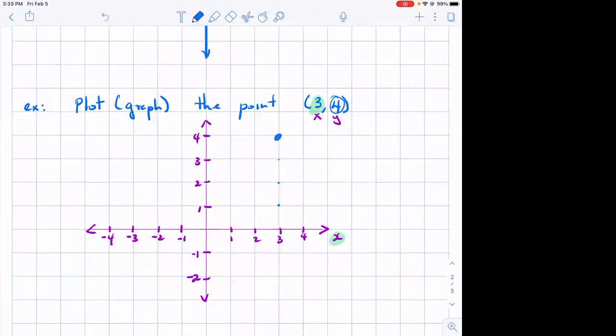And this is the location of that point. This is the point 3, 4. Another way you can think of it is as the intersection of these two lines where they meet. But it's only one point.